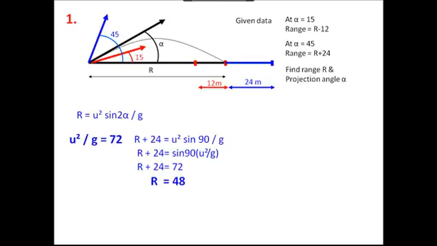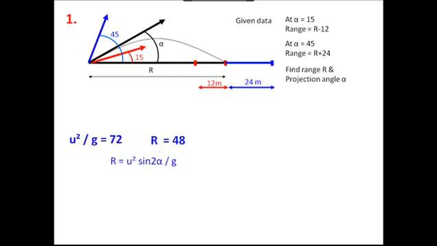Now if I use these two quantities which we just derived, u square by g is 72 and R is 48, and again use R is equal to u square sine 2 alpha by g, we will be able to get alpha as 20.9. And there, this is how we have solved this problem, by using only single equation, R is equal to u square sine 2 alpha by g.